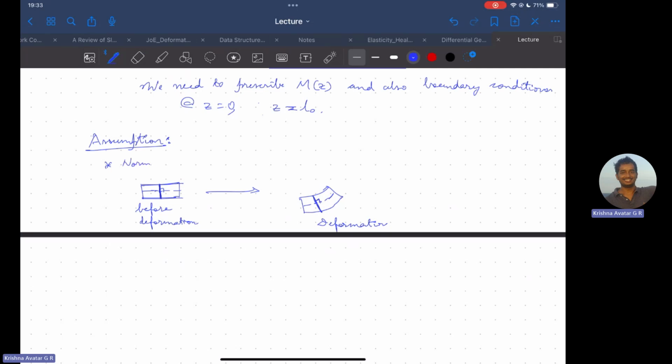So the assumption is that normal sections to the center line remain normal after deformation.